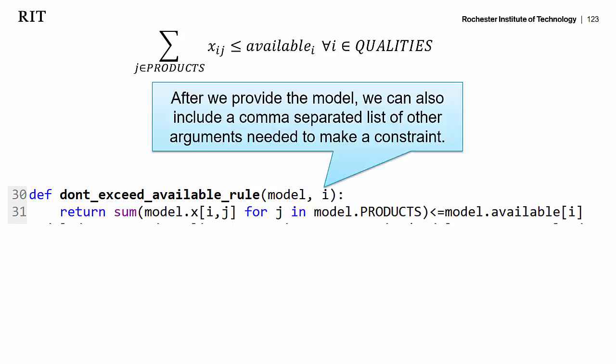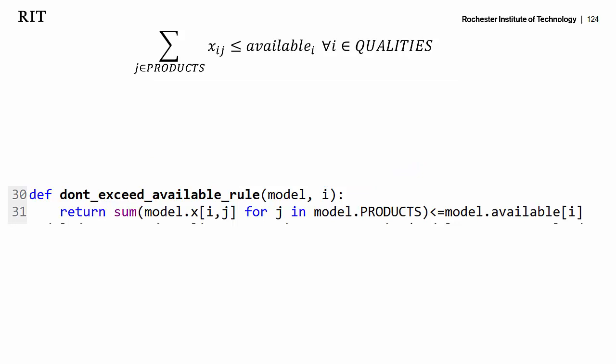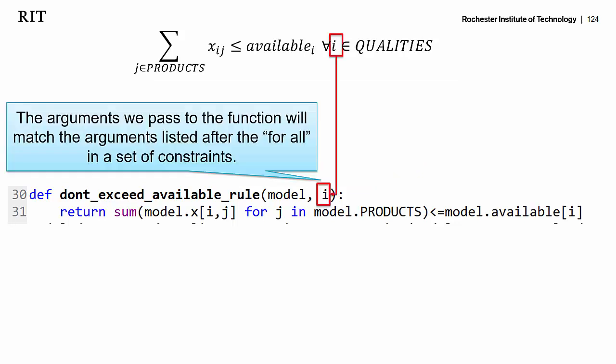And then after we provide a model, we want to provide a comma-separated list of arguments that are needed to make one instance of the constraint. If we're not sure what we should pass here, the best place to look is after the "for all" in our original formulation. In our original formulation, it says for all i that are elements of quality. That indicates we can't make a constraint unless we know the value of i.